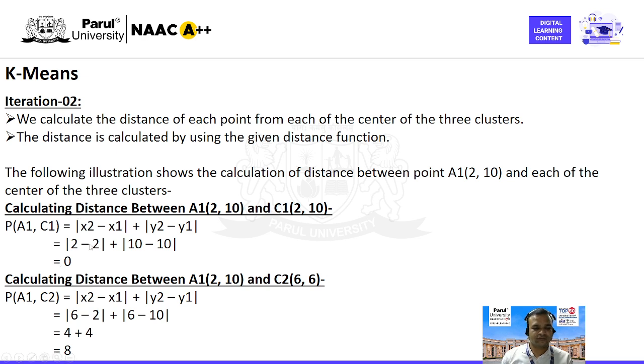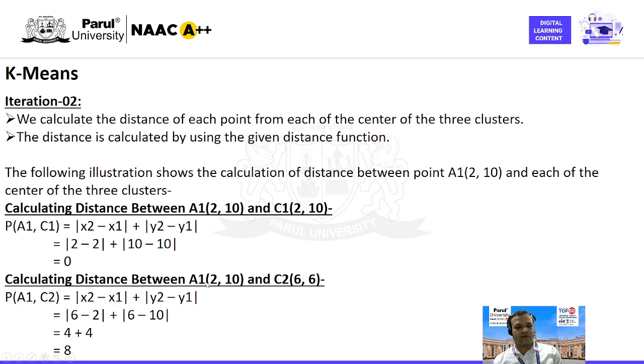We already know all 3 new centers, and we have an idea about all these points. So we just calculate the distance from all these points to the new cluster centers. Distance between A1 and C1, the new center 2, 10: put all these values here and we get 0.